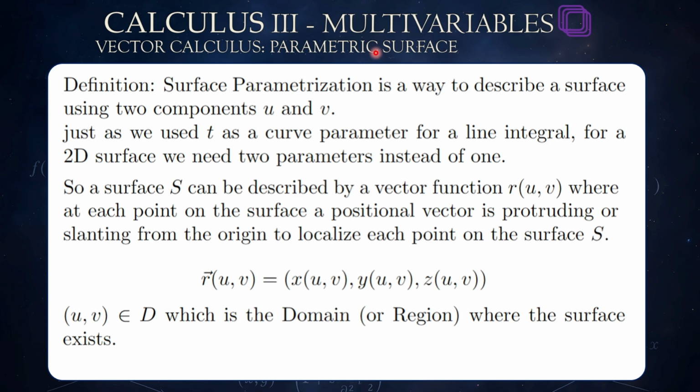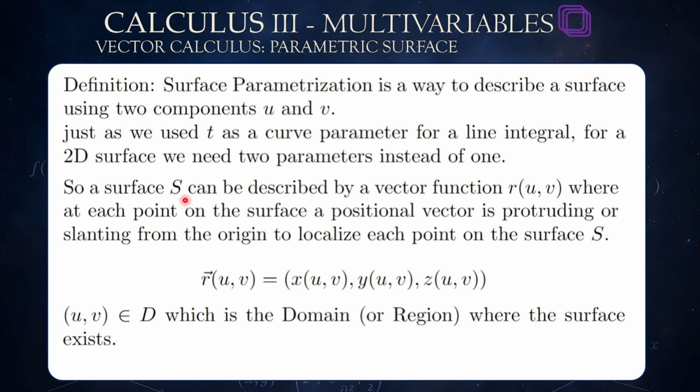Parametric surface. Definition: surface parametrization is a way to describe a surface using two components, u and v. Just as we use t as a curve parameter for line integrals, for a 2D surface we need two parameters instead of one.